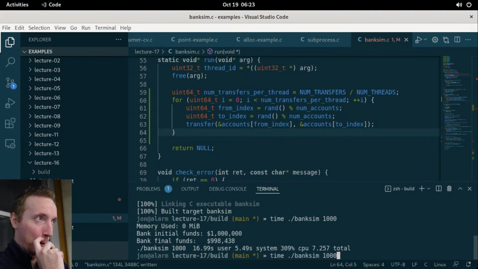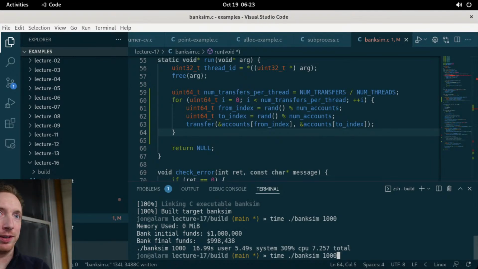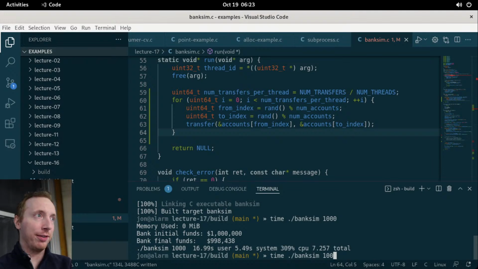Well, let's see. So I lost money because of data races, probably, because what you said before, we could be transferring to the same account. So if I have fewer accounts, will that be better or worse for data races? Worse. Why?